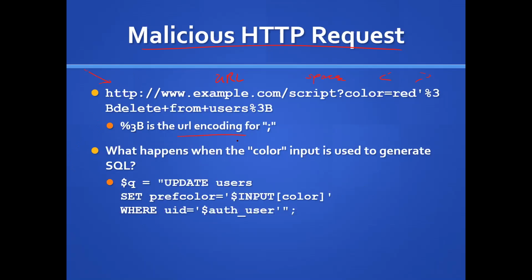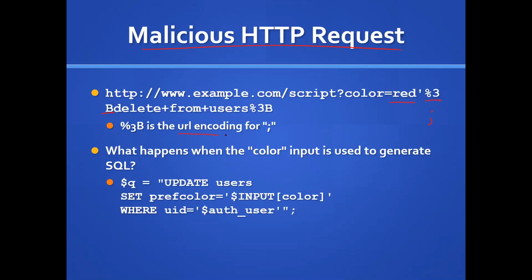So here, for instance, we want to do this attack: example.com script color, and then here red, single quote, but now we need to provide the semicolon. So this is where the semicolon would go. Unfortunately, the semicolon is not allowed in this context of the URL, but we have a workaround, which is basically to use something called URL encoding.